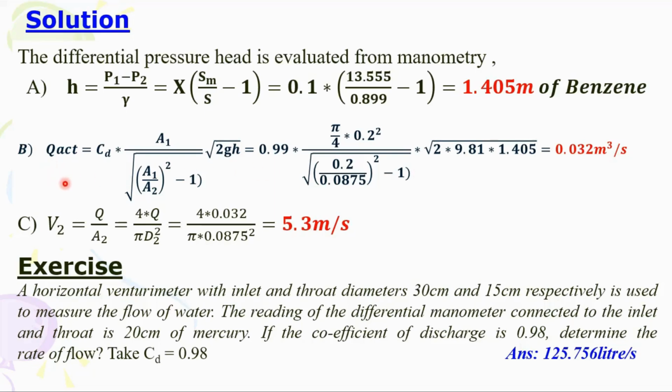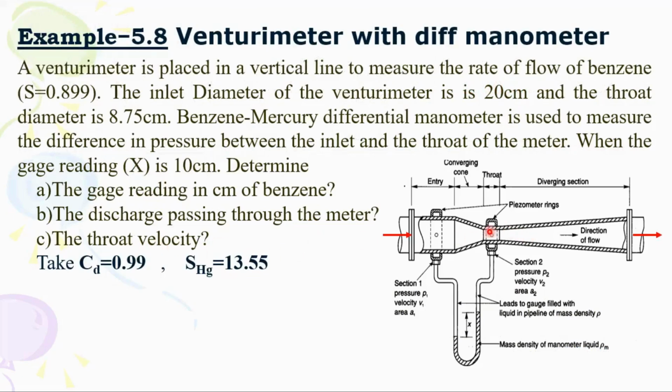If you have some fluid going through the venturimeter and mercury is used as the differential manometer, then you have the displacement X, and then you have this discharge. Then the velocity from the continuity equation is discharge divided by area. If you substitute, you will find the velocity going out. This is the throat velocity. The throat is just the very narrow portion of the venturimeter.